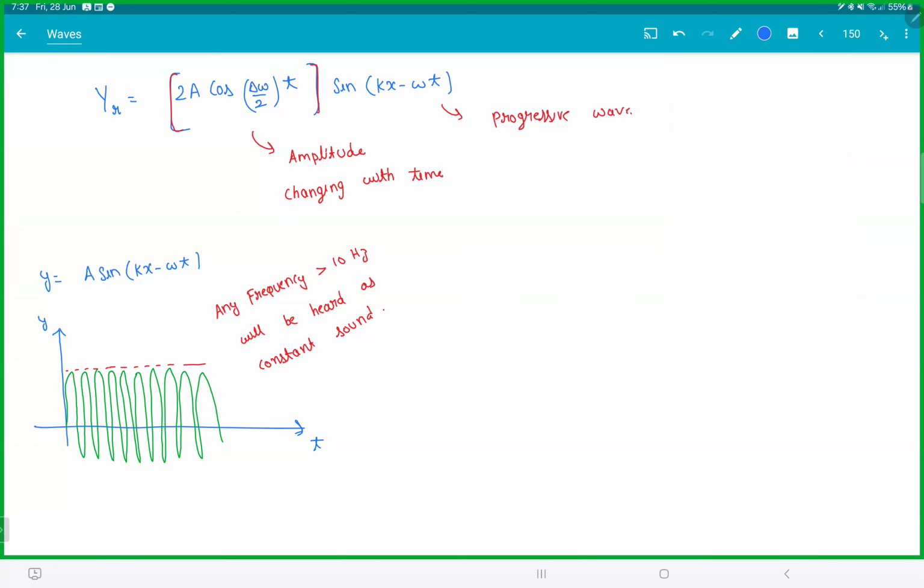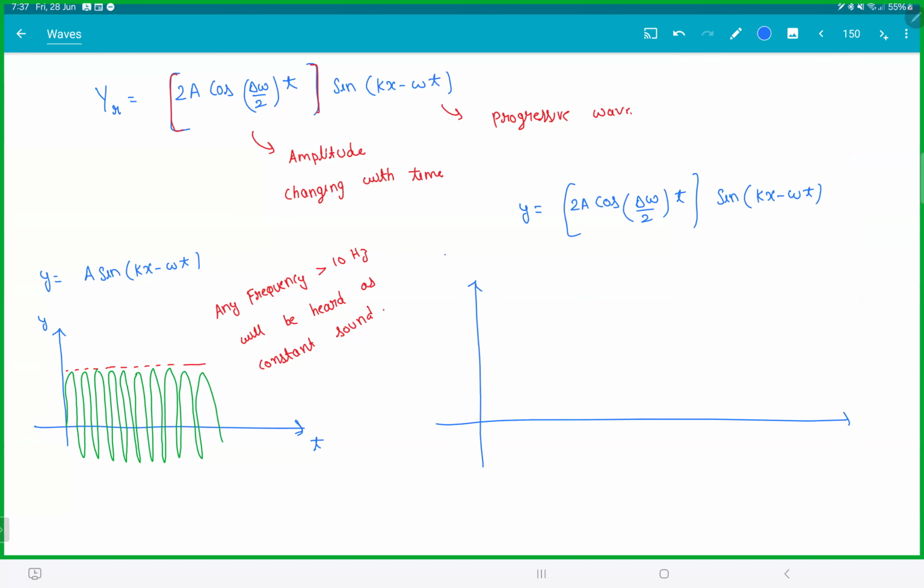Now, if I plot this one, listen to this, and this is an important one. 2a cos. Basically, it is the same wave, but now you have a time varying amplitude. At t equals 0, you have the maximum, so you start from 2a.